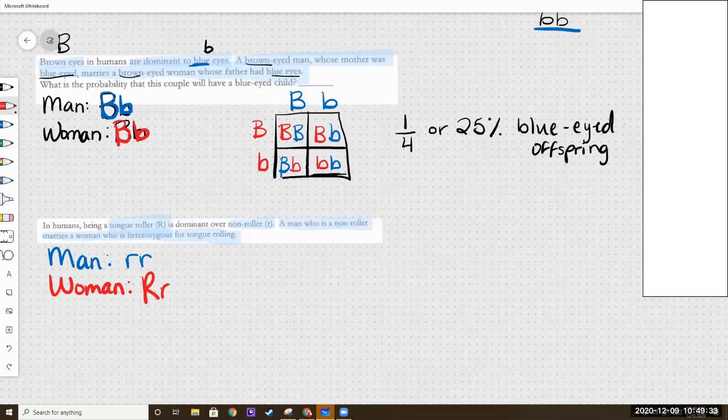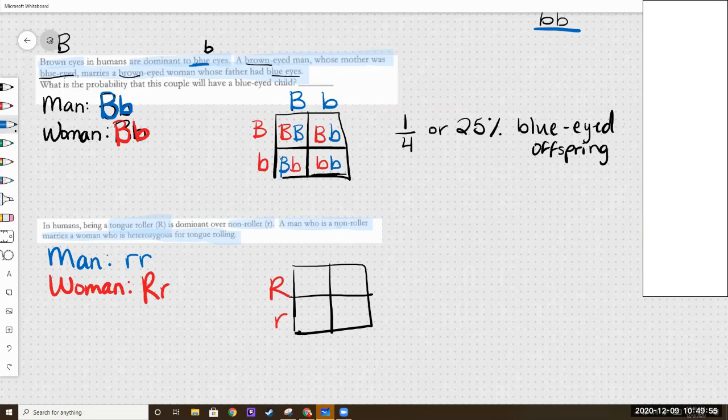So we would have the man, since he has a recessive trait, little r, and she's hetero, the woman is heterozygous, meaning, remember, hetero is different, so a capital and a lowercase. So when we do the cross, the woman is capital R, little r, and then the man is little r, and we bring them together.